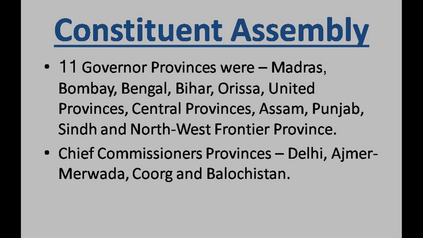The 11 governor provinces were Madras, Bombay, Bengal, Bihar, Orissa, United Provinces, Central Provinces, Assam, Punjab, Sindh and Northwest Frontier Province. The Chief Commissioners provinces were Delhi, Ajmer Merwara, Coorg and Balochistan.